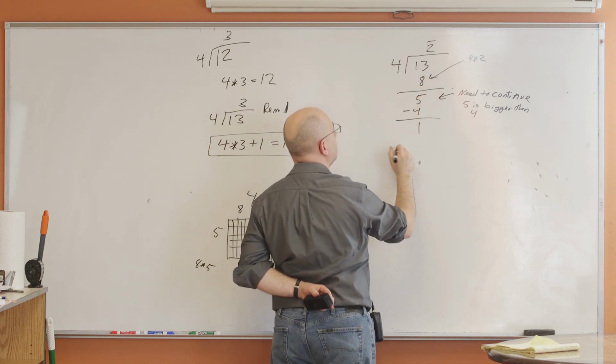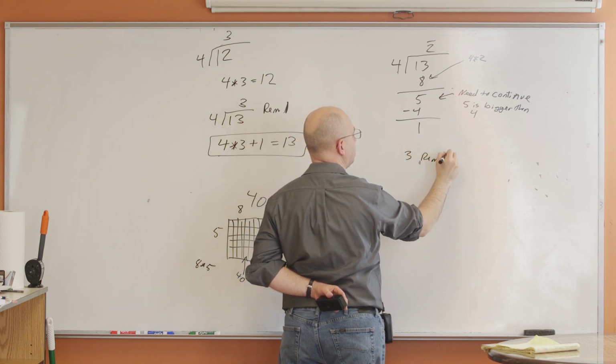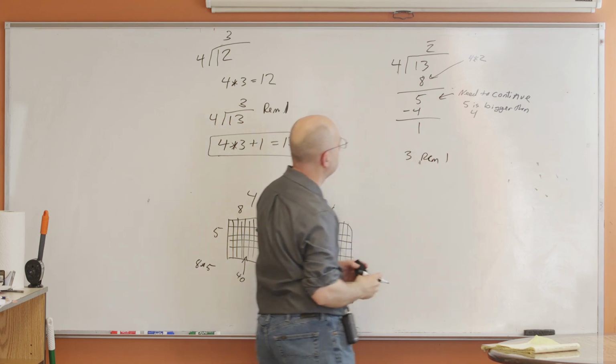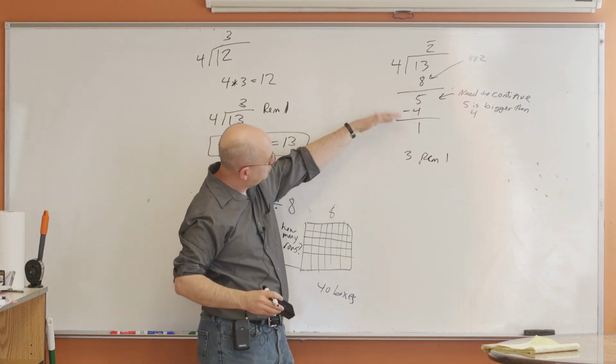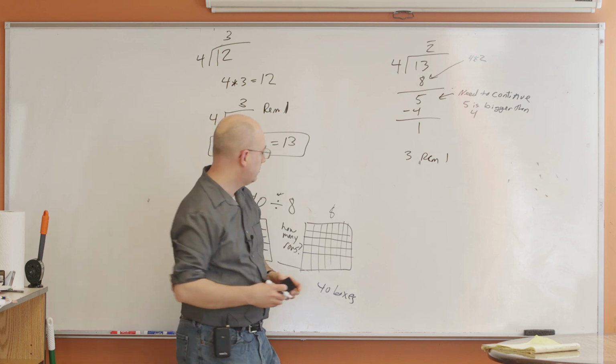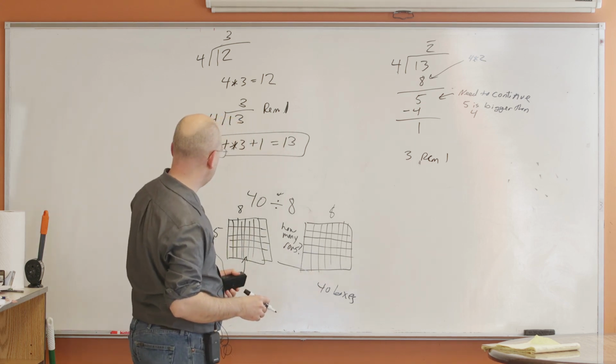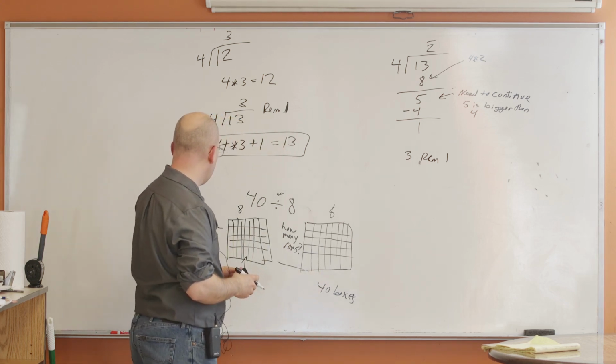So the answer is 3 remainder 1. Even if you guess low, you can fix it up without having to start over from the beginning. Alrighty.